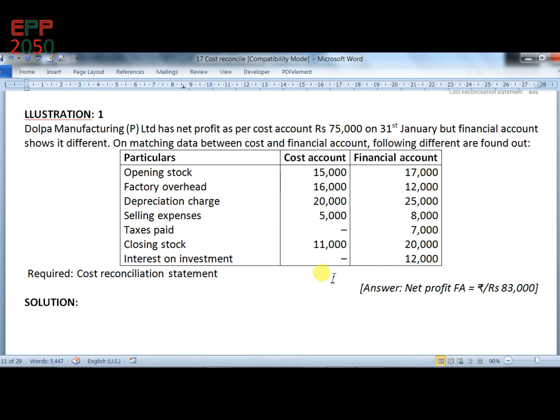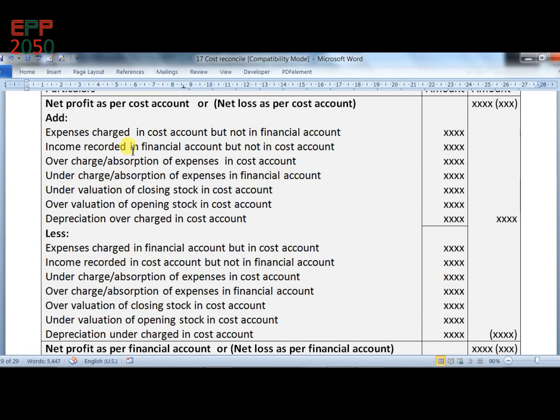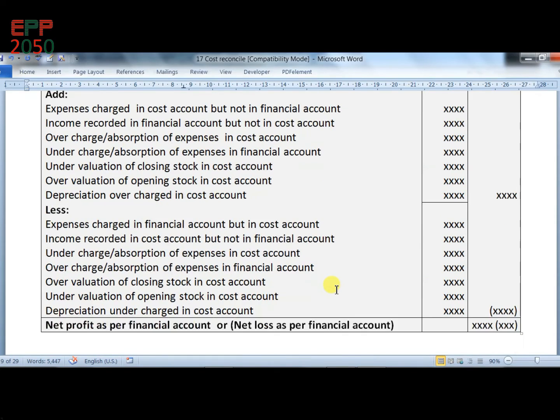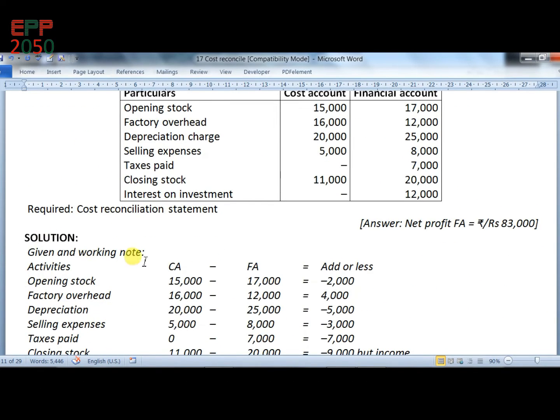Dear students, there is one way to learn this format by heart and the other is the shortcut method. I am going to teach you the shortcut method in a very simple and easy way. Try to understand. If you understand this rule, it is a very easy chapter for you.